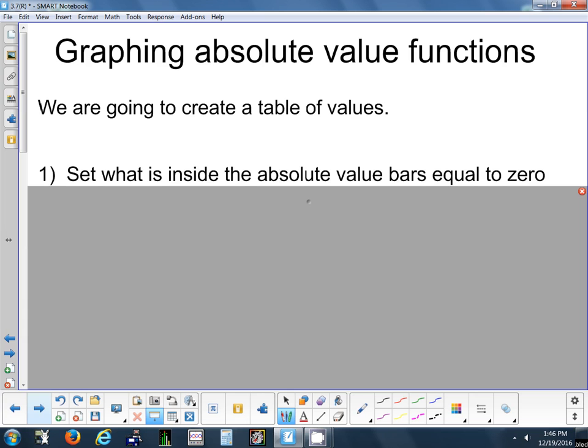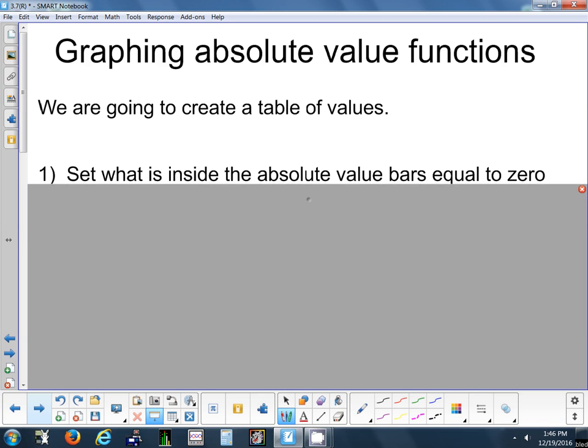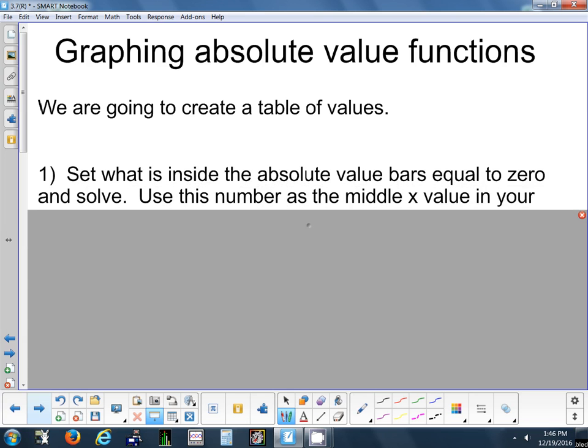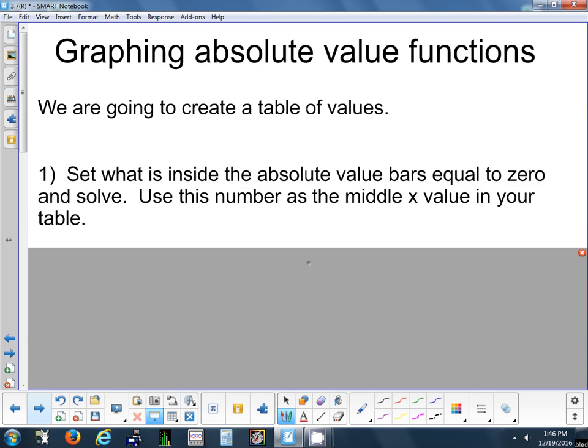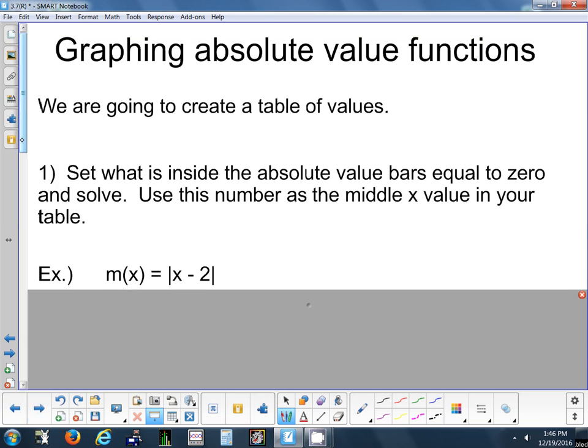All right, step 1. You're going to set what's inside the absolute value bars equal to 0. Remember guys, there's a little bit more to this. And what we'll do guys is there's space for an example on there. We'll talk about the step and then we'll show you an example. We're going to do a step-by-step example too as we go through this.